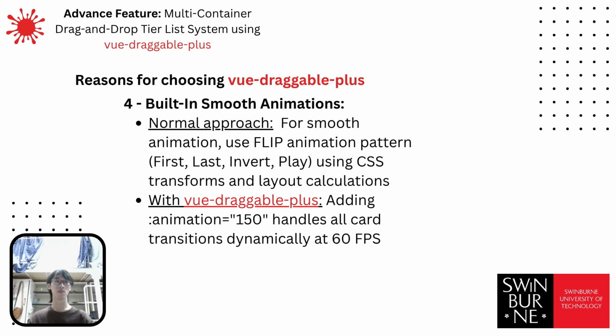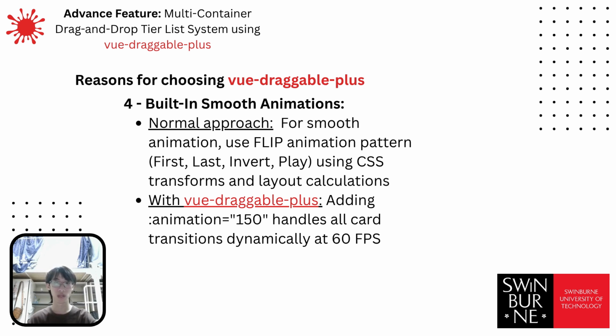Fourth, about built-in smooth animations. With normal approaches, when you drag an item between 2 rows, making the other rows smoothly slide out of the way requires manually implementing the FLIP animation pattern, including first, last, invert, and play, using CSS transform and layout calculations.